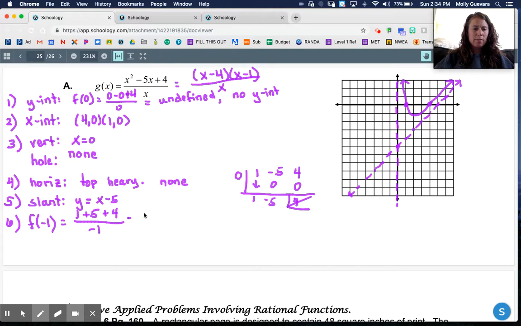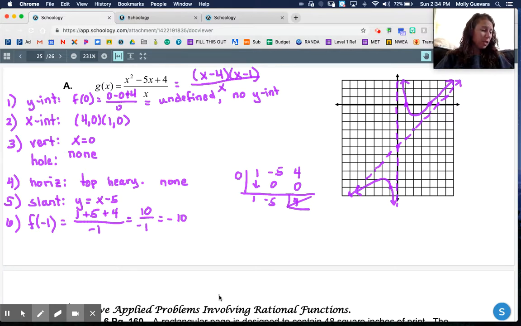So I get 6 plus 4, which is 10, over -1. So I get -10. And again, my end behavior has to approach the asymptote, so this probably loops around in some way as well. And something like that. And that's the sketch of my graph, right?